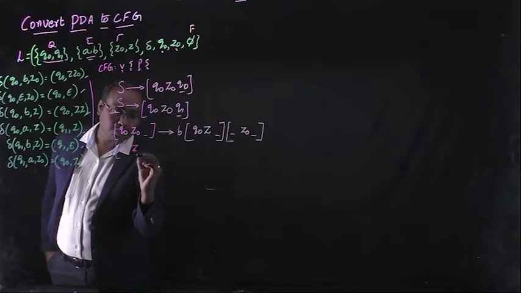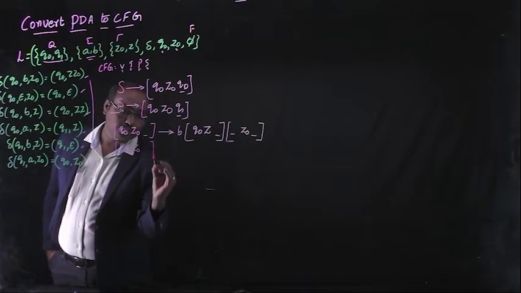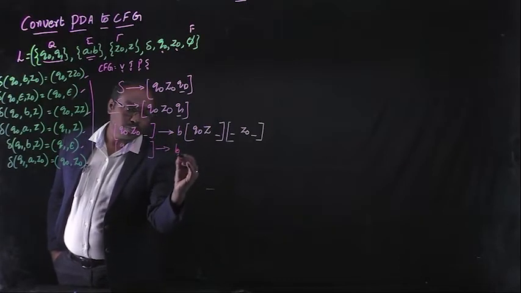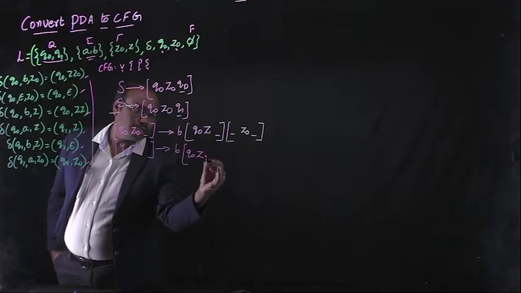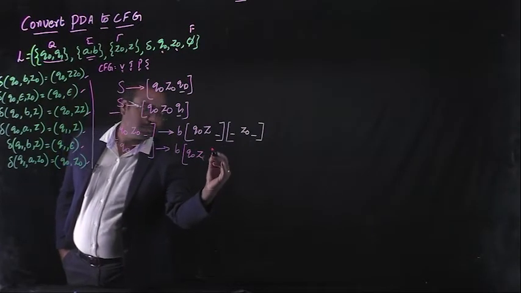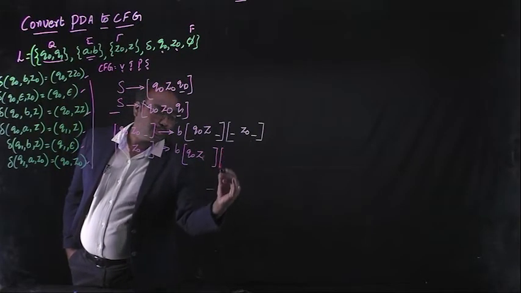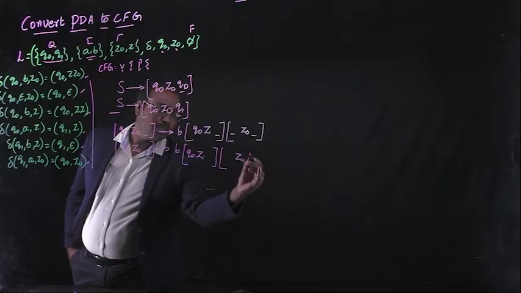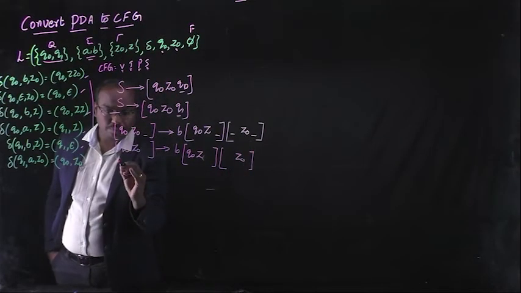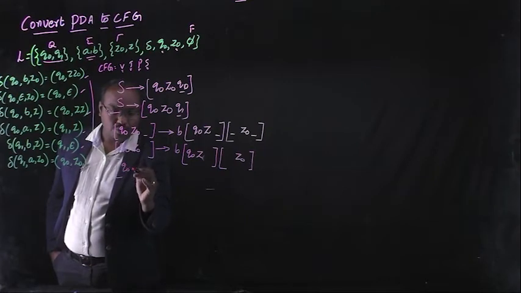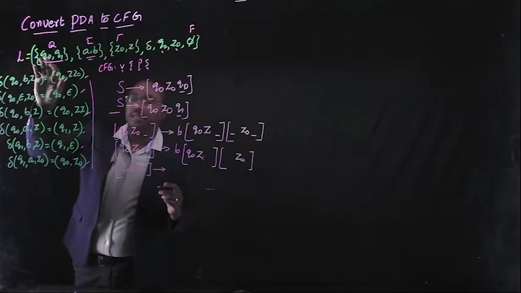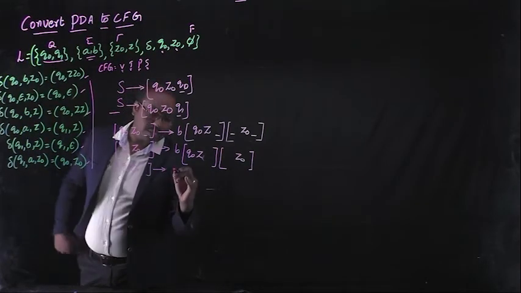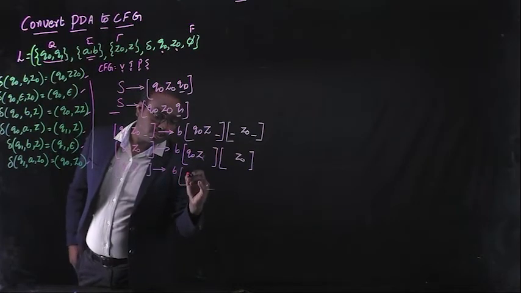Q naught Z naught tends to B Q naught Z Z naught Q naught Z naught. So here there are two states, so then we can form four production rules.